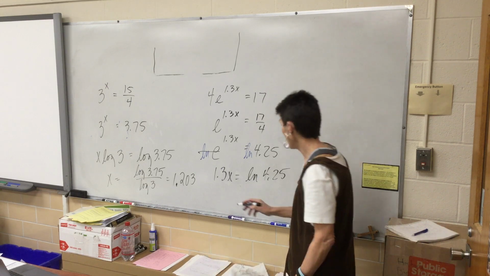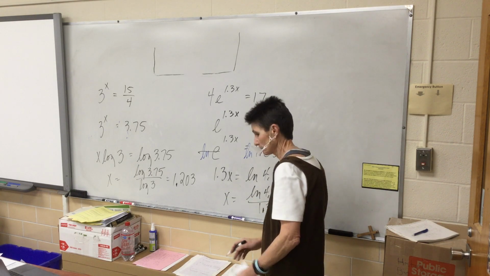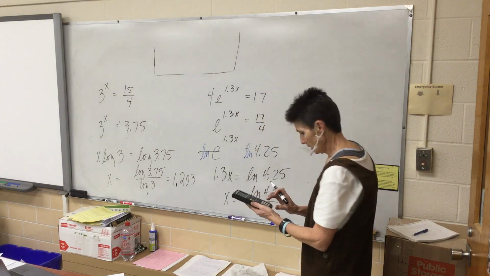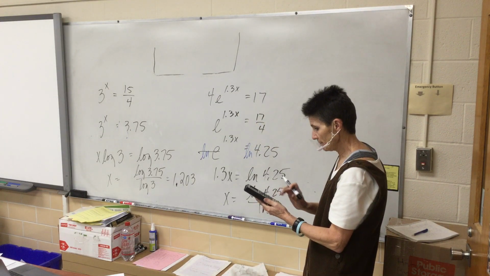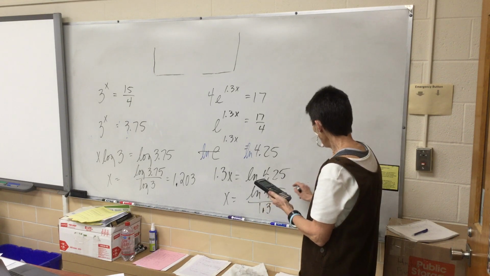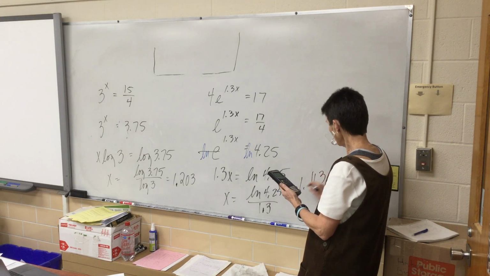And then I'll just divide by 1.3. Would you agree? So ln 4.25 divided by 1.3, I got as my answer 1.113.